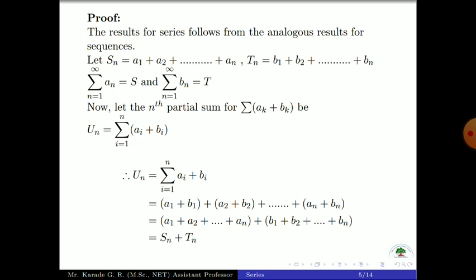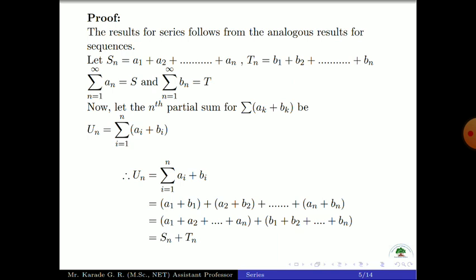So we can write all the terms of this series. The first term is a1 plus b1, the second term is a2 plus b2, up to the nth term, an plus bn. Now we remove all these brackets and take together the terms of ai and the terms of bi.